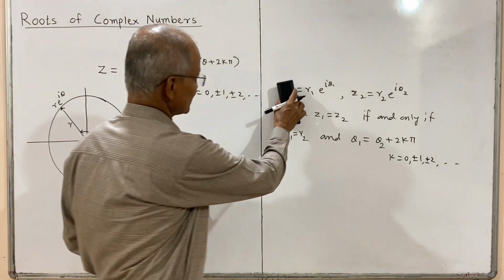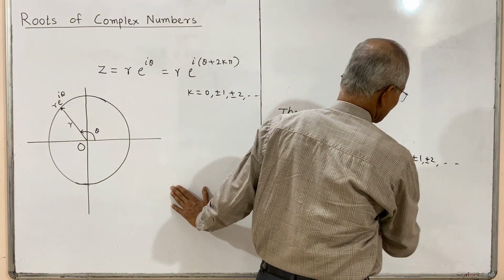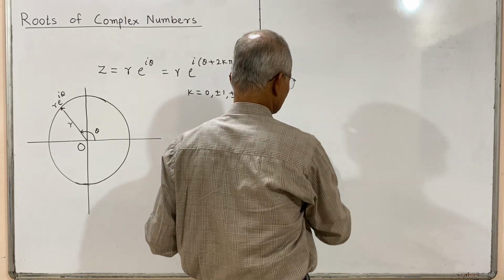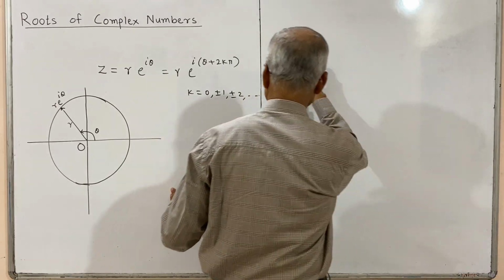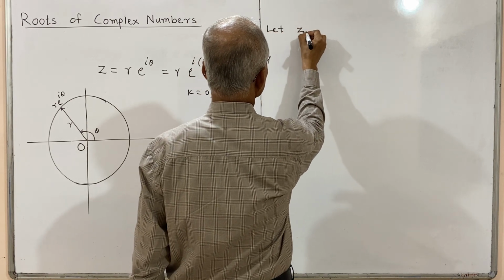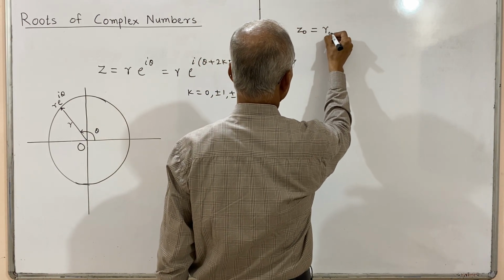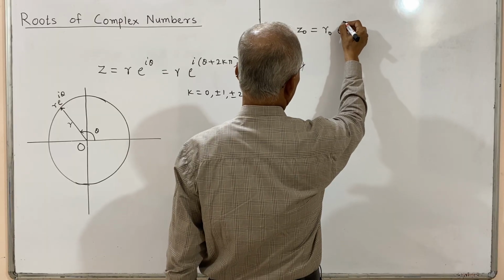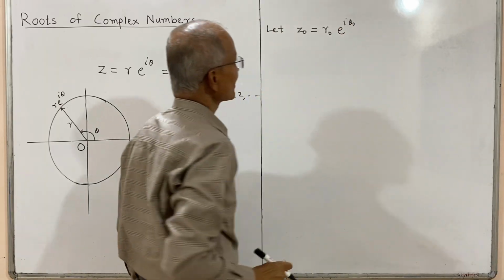And using this, suppose we want to find the nth root of z naught. Let z naught be equal to r naught e power i theta naught.